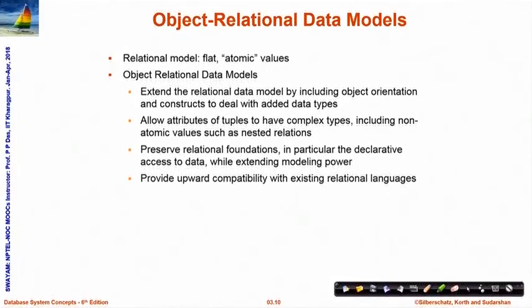That may allow things like nested relations, that is, a value could itself be a relation, a table. But we try to preserve the relational foundation, and we will see what those foundations mean, and provide upward compatibility to existing relational databases.